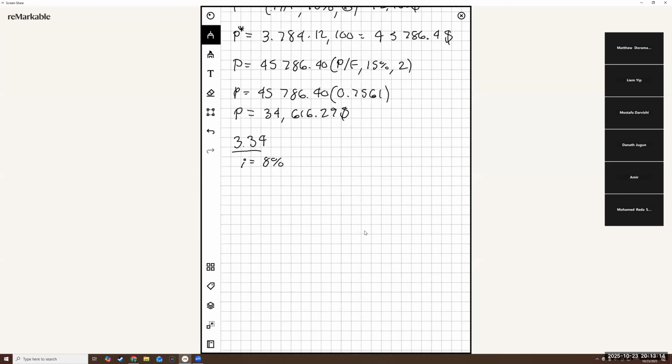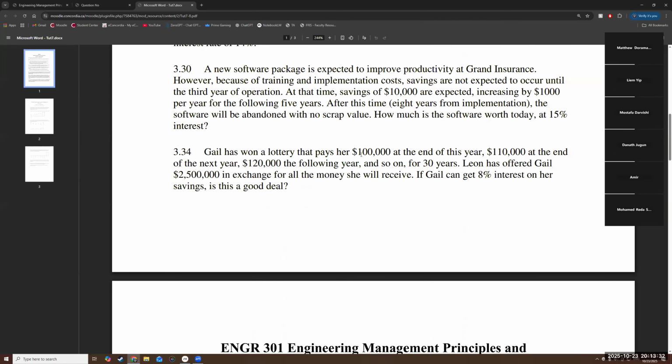Option 1 is $2.5 million upfront, present value. What's option 2? Option 2, you get 100,000 every year, increasing by 10,000 for 30 years.